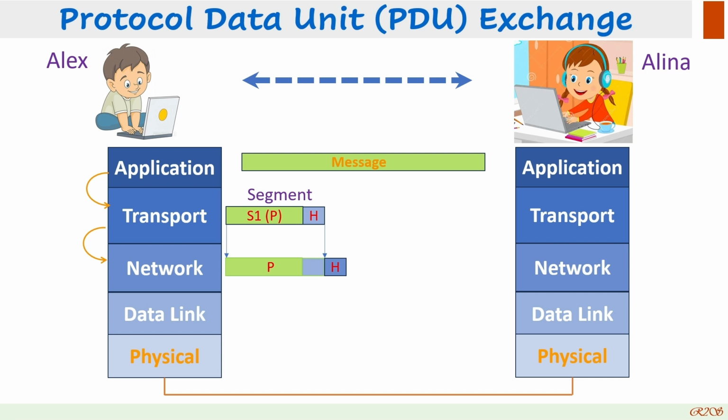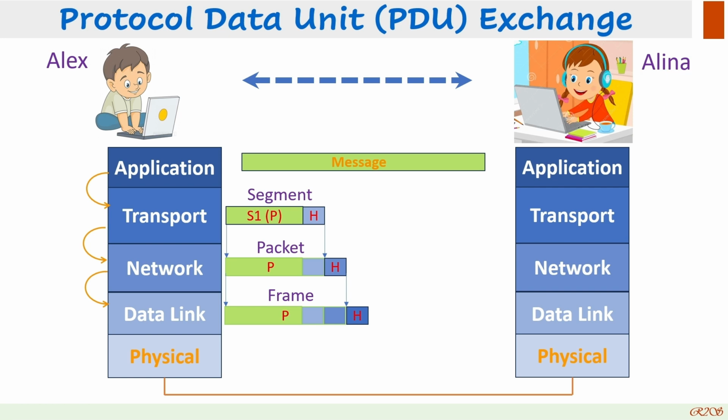This is called the packet. Then the network layer forwards this packet to the data link layer, and the data link layer again takes the whole packet as a payload, adds its own header, and together it is called a frame.